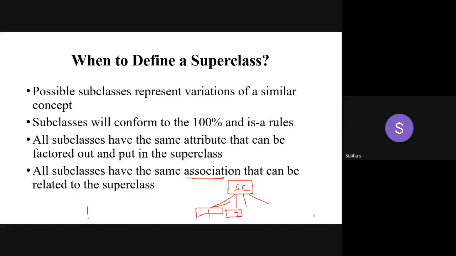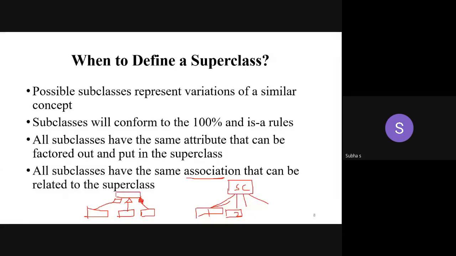Suppose you are having, so bear with my handwriting, these three subclasses and this is my superclass. Is it applicable? This is a filled diamond.